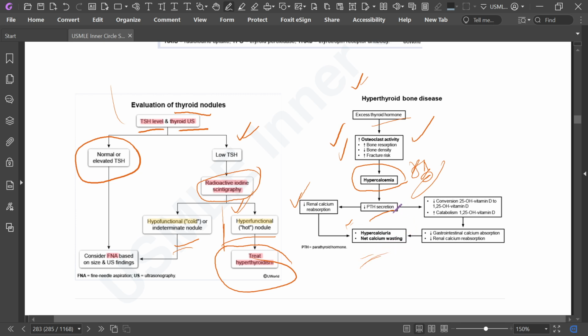Decreased PTH will decrease conversion of 25 hydroxyvitamin D to 1,25 hydroxyvitamin D, and increase catabolism of 1,25 hydroxyvitamin D.